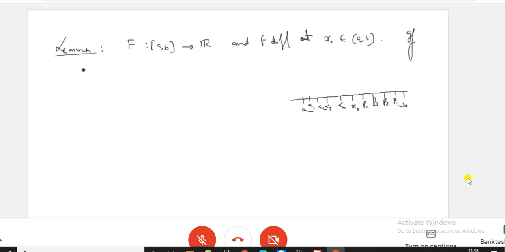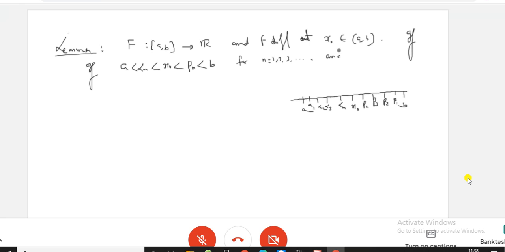So a is less than alpha 1, alpha 2, alpha 3, alpha n, which is less than x0, which is less than beta n, and beta n is strictly less than b. This is true for each n, for n equal to 1, 2, 3, and so on.